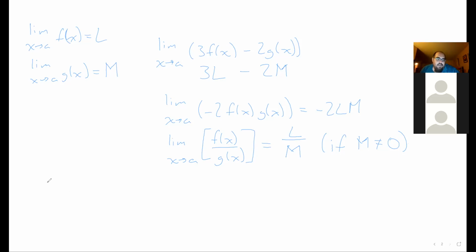If I give you the limit as x approaches 2 of x squared plus x minus 6 over x squared minus 4, clearly you can't just evaluate this where x equals 2.